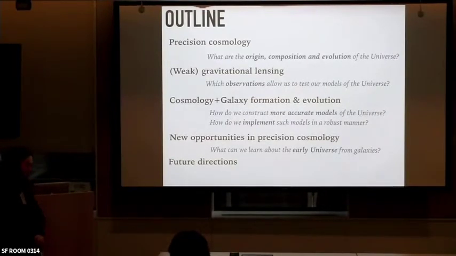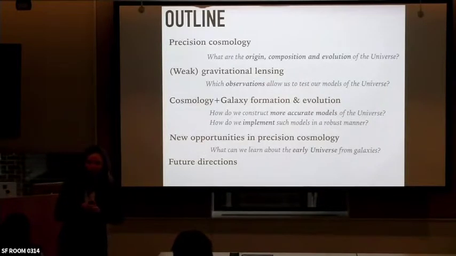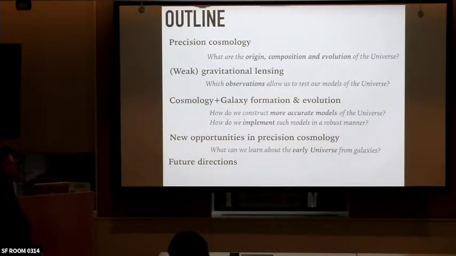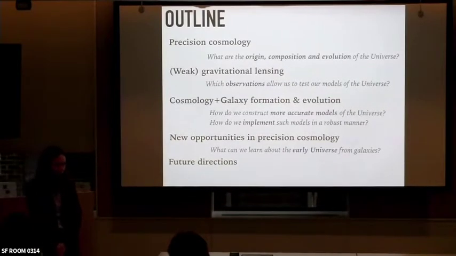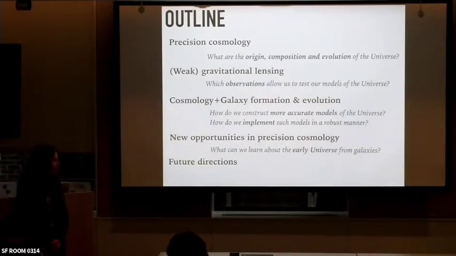I'll make a case for cosmology now emerging a little bit with galaxy evolution and galaxy formation, because I think the way that we need to construct more accurate models of the universe for the next generation of surveys is by taking input from galaxy evolution as well. I'll tell you how we implement those models in current pipelines for future experiments, and some of the new opportunities that open up with the data that is coming in the next decade.